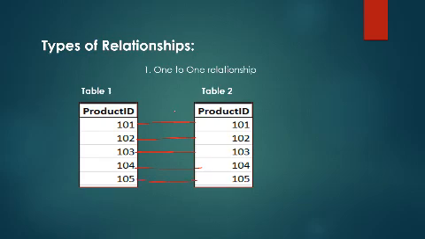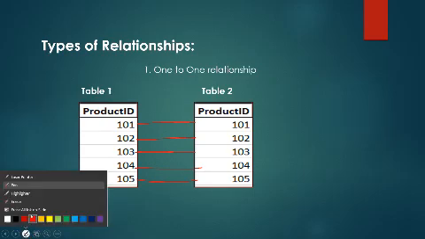We have the same type of data in each table, so there is no increase of columns. All of these are happening one to one only, so it is considered a one-to-one relationship.